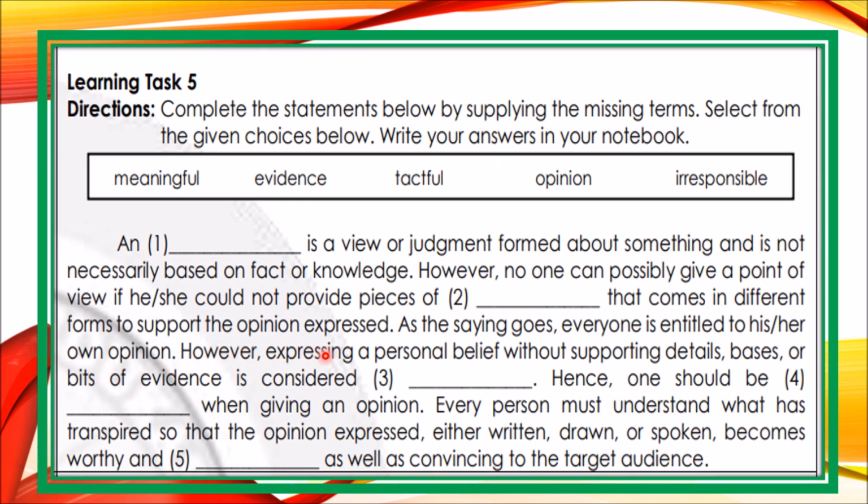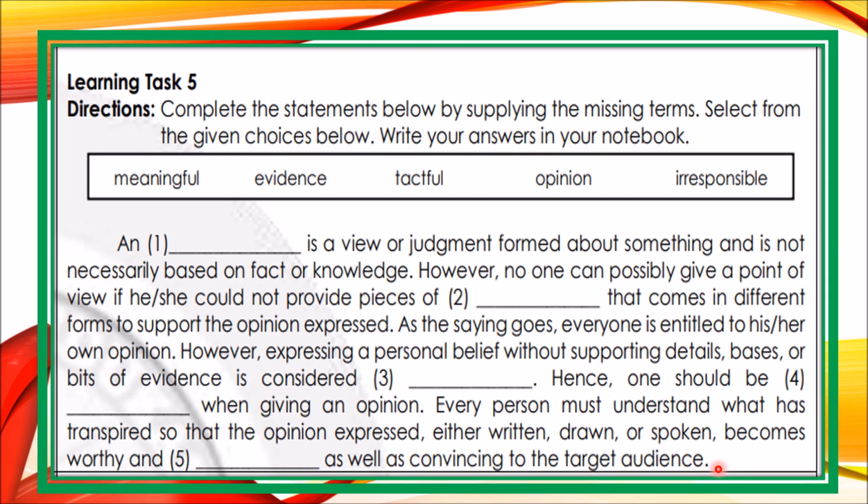However, expressing a personal belief without supporting details, bases, or bits of evidence is considered blank. Hence, one should be blank when giving an opinion. Every person must understand what has transpired so that the opinion expressed, either written, drawn, or spoken, becomes worthy and blank, as well as convincing to the target audience.